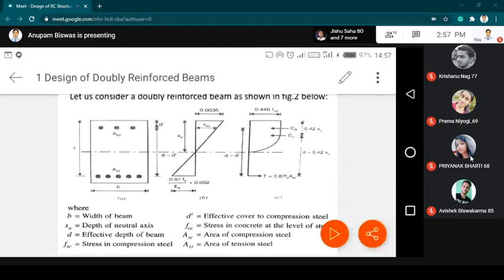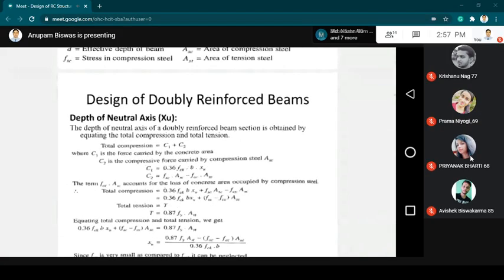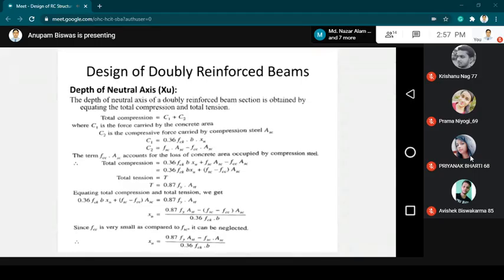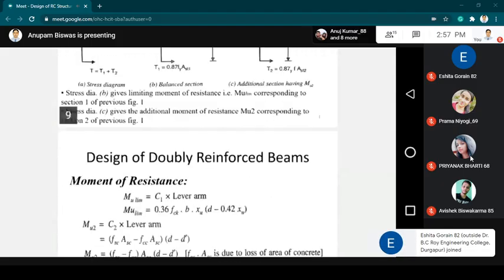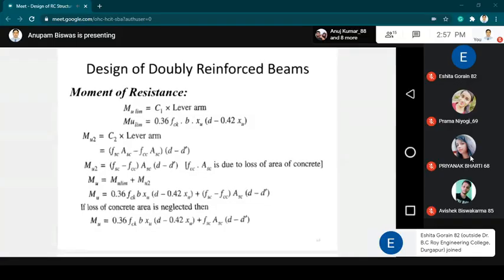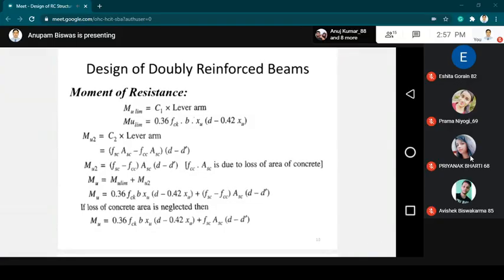And the stress diagram we also know. From the stress diagram we have derived what would be the neutral axis, how to calculate it, and we have also seen how to get the moment of resistance due to the presence of this compression zone reinforcement.